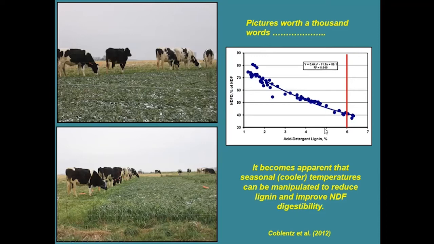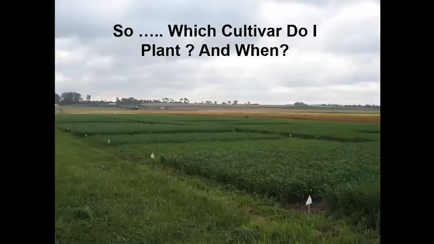So you get a very high fiber digestibility in these plants grown in the fall because they grow when it's cool. And one of the factors affecting lignification is temperature. So in a cool growing environment, you're going to have less lignin. In addition to that, there's all sorts of photoperiod and maturation abnormalities compared to the normal situation with these oat plants, which probably contribute to the high level of fiber digestibility. The management question is, which cultivar do I plant and when?